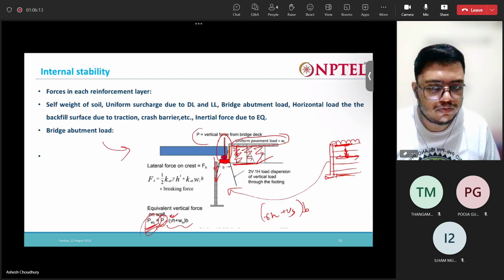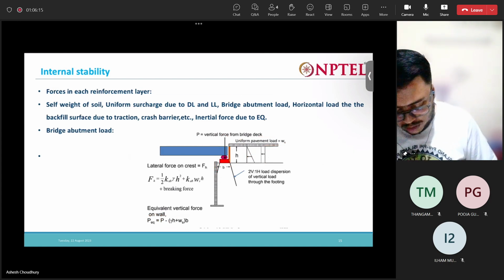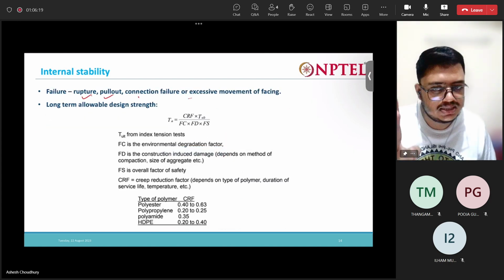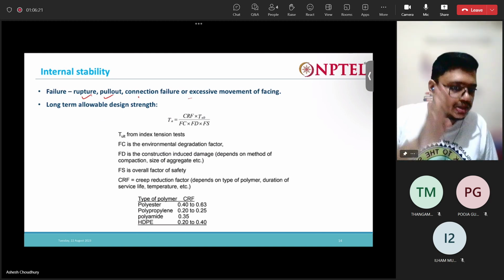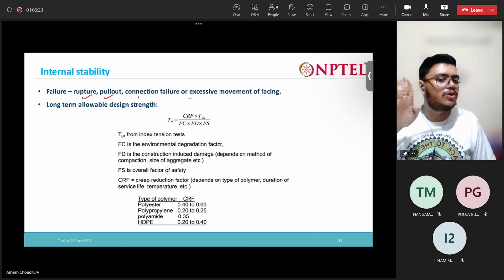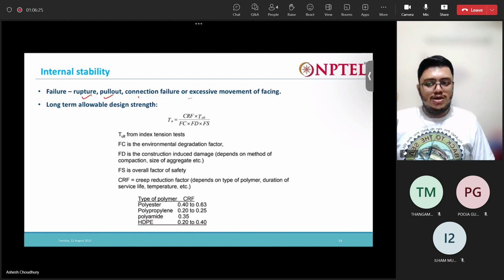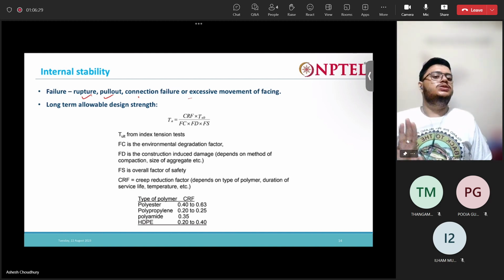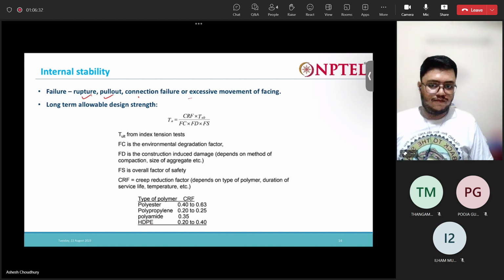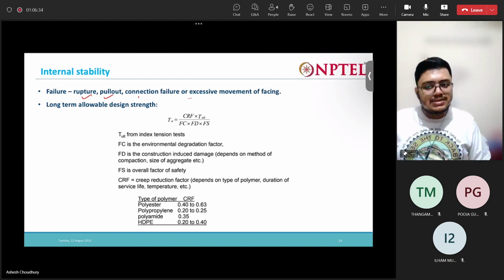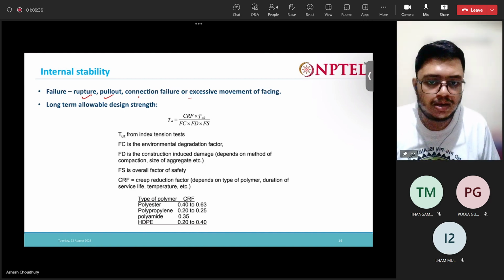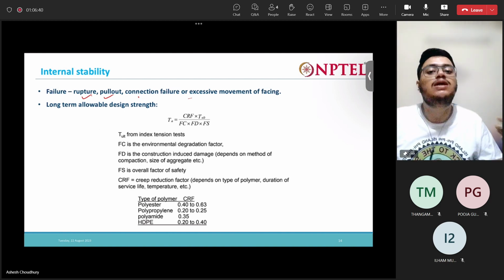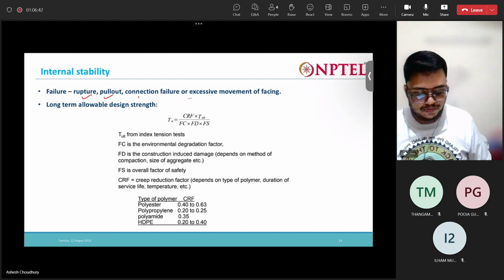To check for rupture, pull out, and connection failure, what we need to do is determine the load that is coming on each reinforcement. So we are just discussing how, in different scenarios, we can determine the load that is coming into the reinforcement.